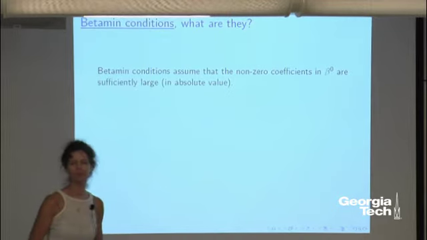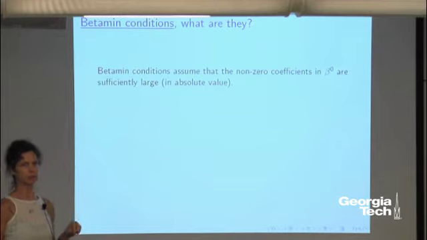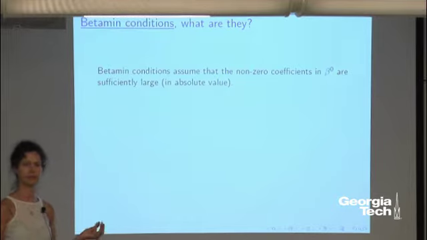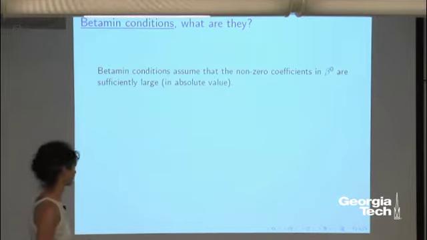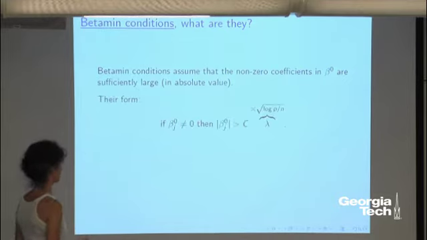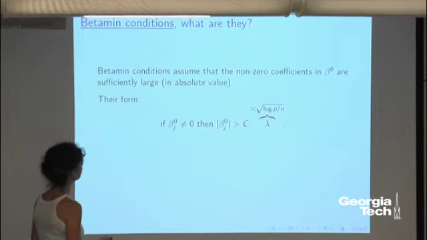Okay, now I'll just put down the main result, and there are some conditions which are of the form: if the true underlying parameter is not 0, then it's not going to be below the noise level. That's called the beta-min condition. So a beta-min condition is of the form like this.